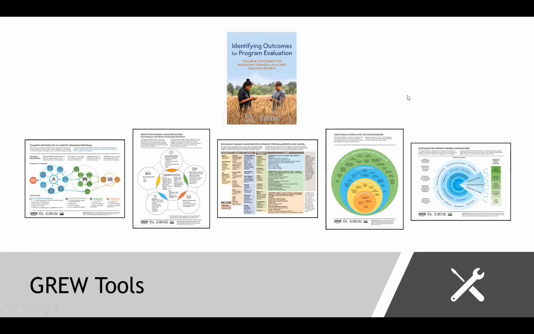All right, so before we developed the GRU project, and as part of the first year of the project, we did a needs assessment about a year ago. We had quite a bit of feedback that people want examples of outcomes for beginning farmer and rancher programs. So the diagrams we came up with and our outcome lists were all intended to address those needs.